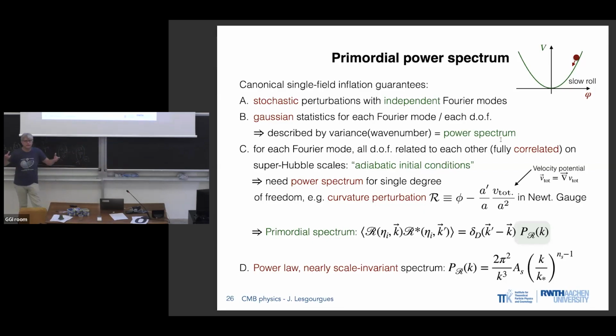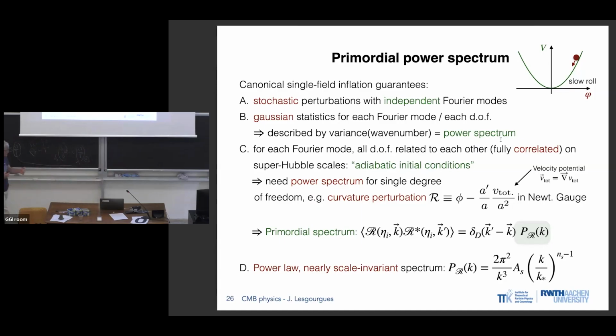Like in a fractal image, the properties will not depend on which scale you zoom in. And if the power spectrum were exactly scale invariant, you could show that, given the definition I use of the power spectrum here, this P of K should be K to the power -3. That would be the exact scale invariant case.